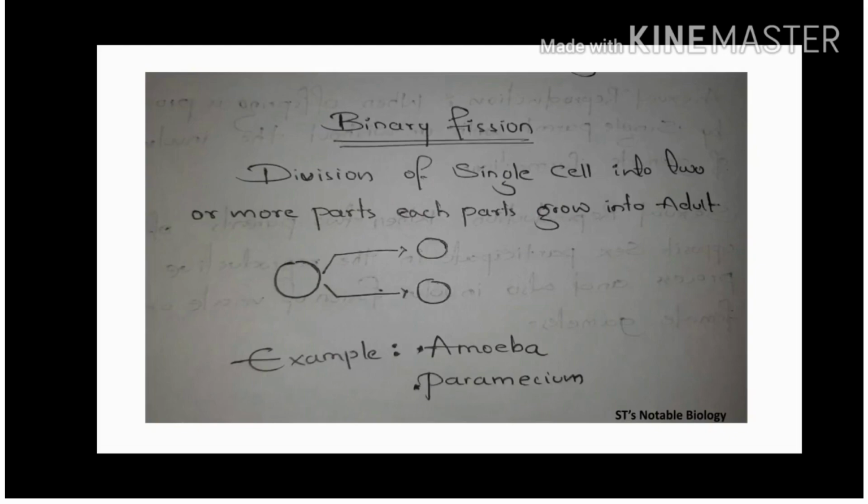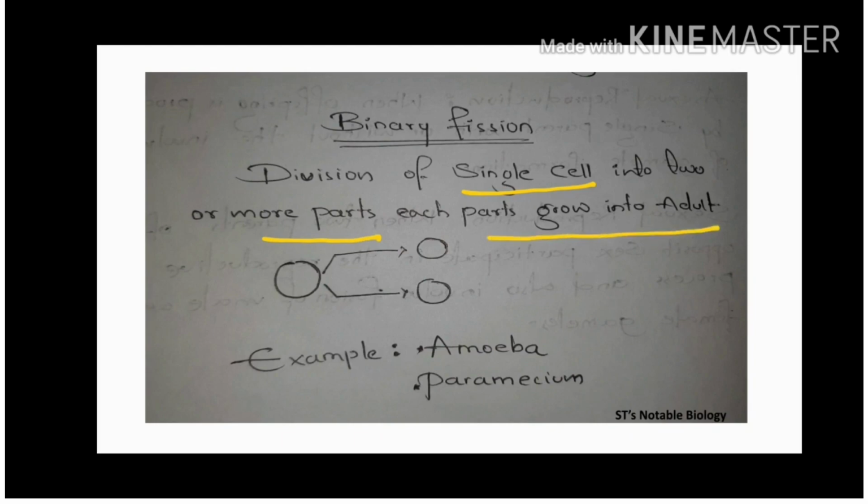See the term binary fission. Binary fission is a process through which asexual reproduction occurs in amoeba and paramecium. Let's see what binary fission is: division of a single cell into two or more parts.